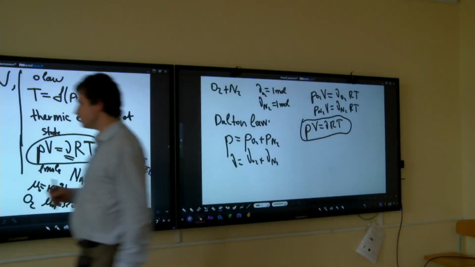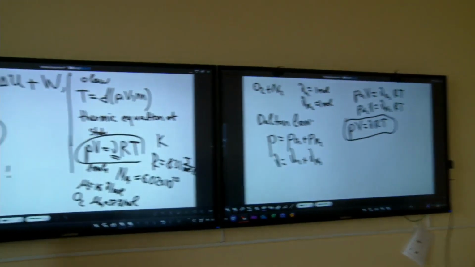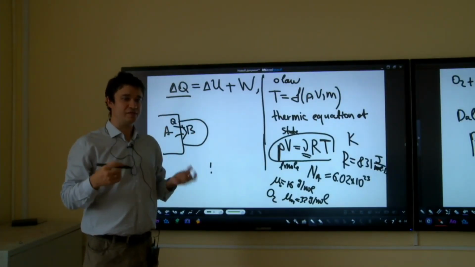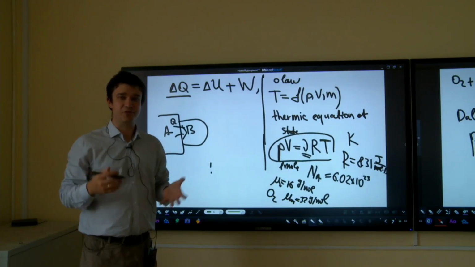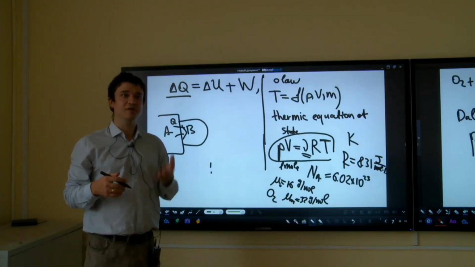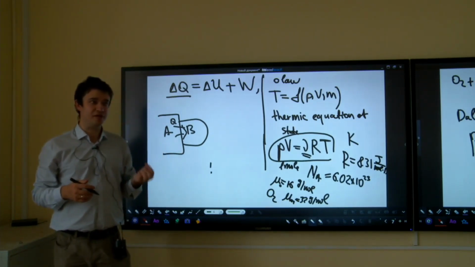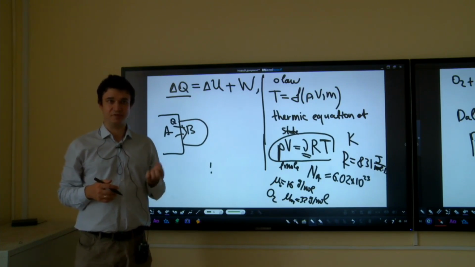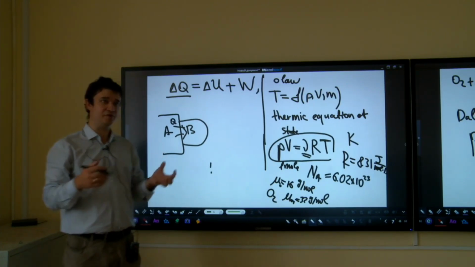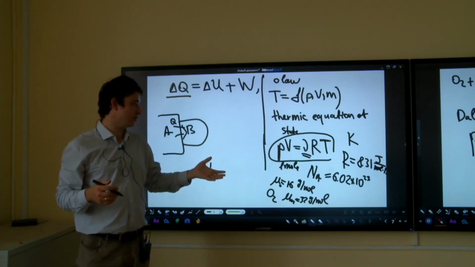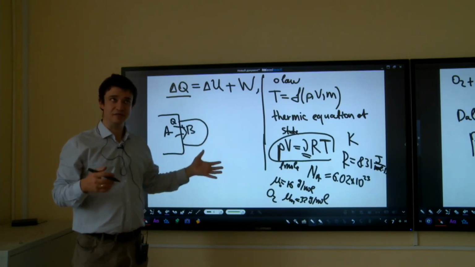The next step will be a process. So let's say I have some pressure and volume, but the description of the state of the gas is not the sole purpose of thermodynamics. Thermodynamics is about engines and so on and so forth.